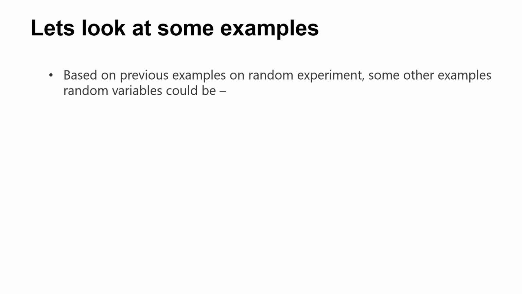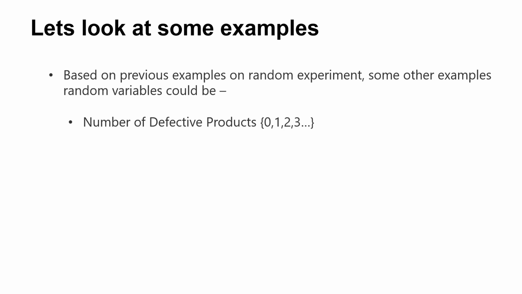Let's look at more examples. If you remember, we discussed a few examples of random experiments, right? So let's see what random variables can be attached to those. Number of defective products: earlier we had an experiment of whether the product is defective or non-defective. That is the sample space. But this is a way to define a random variable, like the number of defective products.